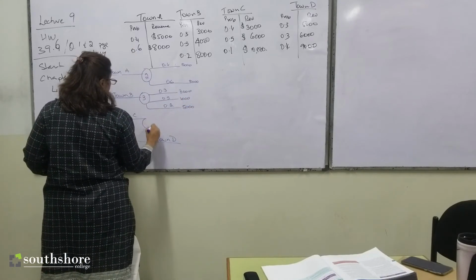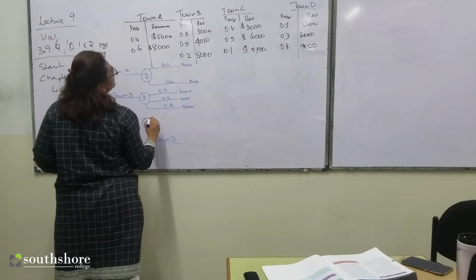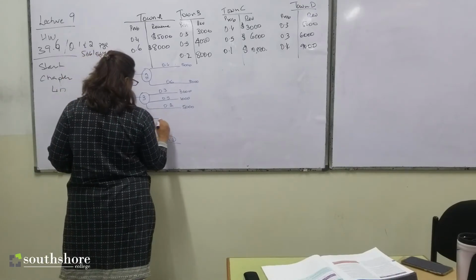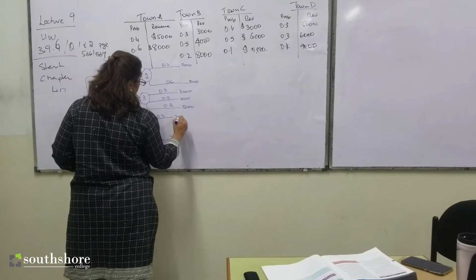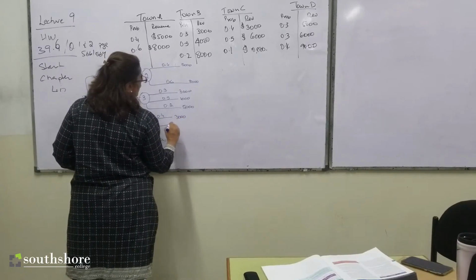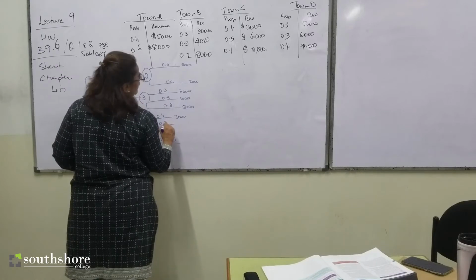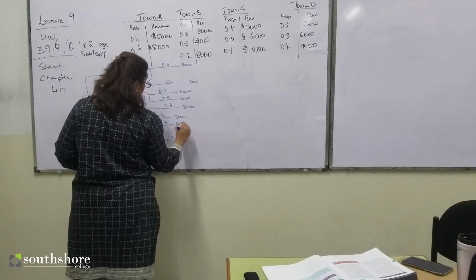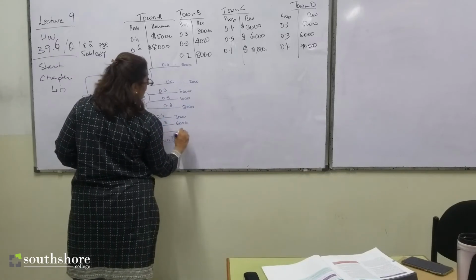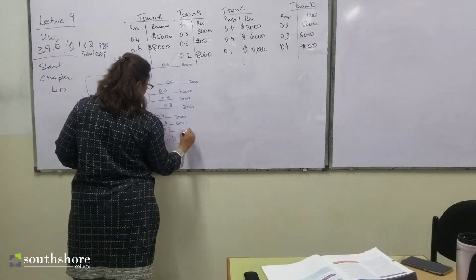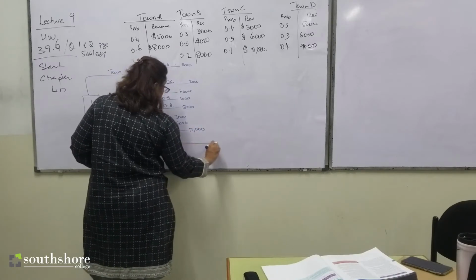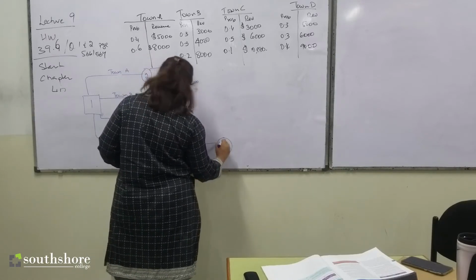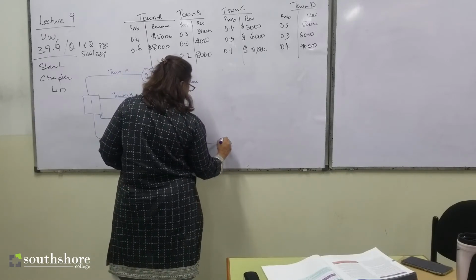Town C, option 4. C also has 3 options: 0.4, he will earn 3,000. 0.5, he will earn 6,000, and 0.1, he will earn 10,000. We're going to extend D out a little bit just because we're getting quite squeezed in there.